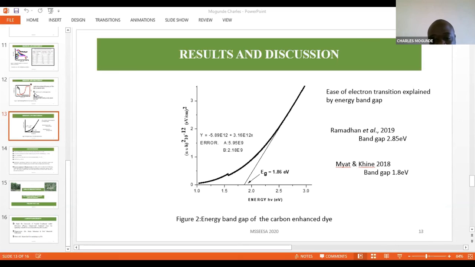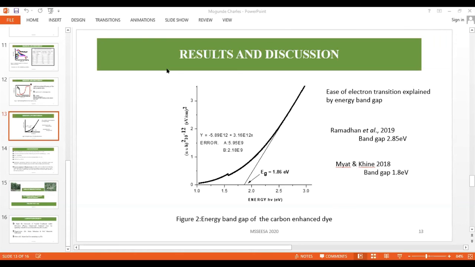So this behavior is likely to be transferred to solar cells, dye-sensitized solar cells. So in the processing of these green components, I did not heat. There is no heating. There is no destruction of anything there. So they were naturally crushed, and then everything was preserved at the natural state.